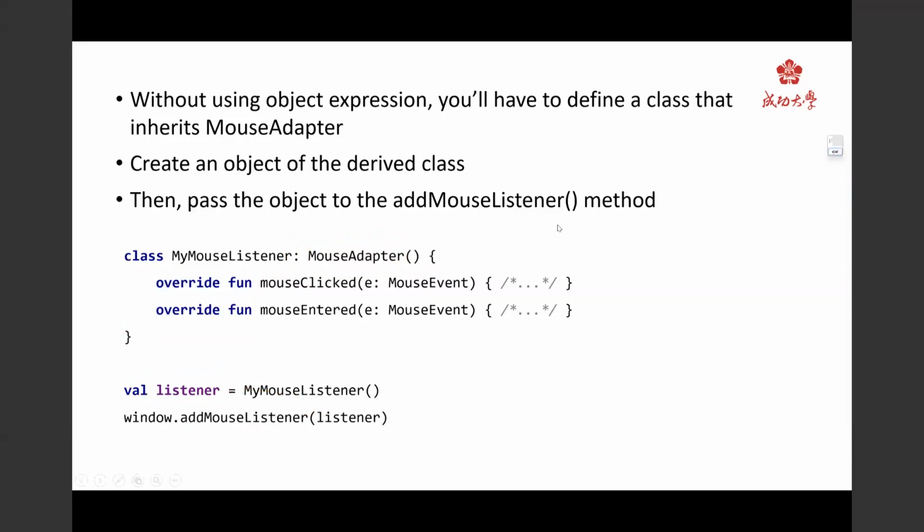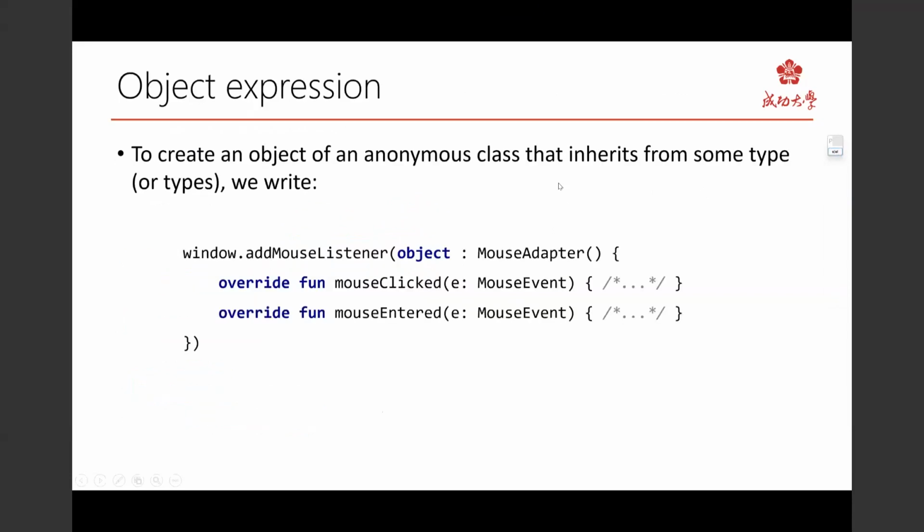So to solve this problem, in Kotlin we can use an object expression. You can see in Kotlin, we can create an anonymous object right inside the parentheses of the add mouse listener function.